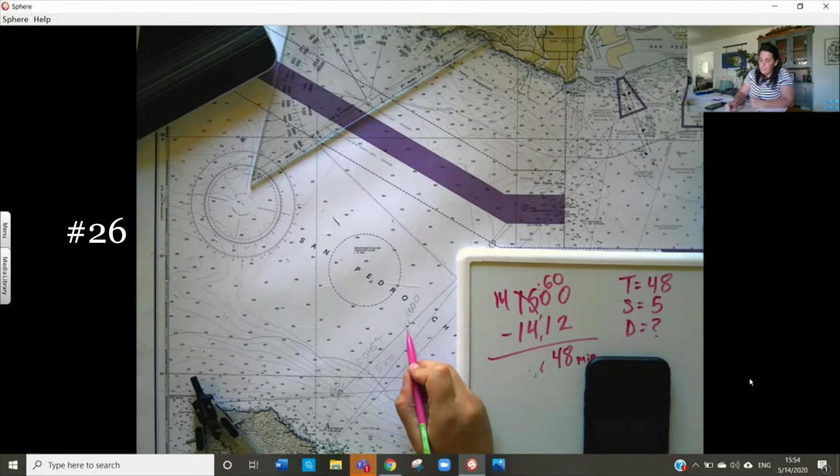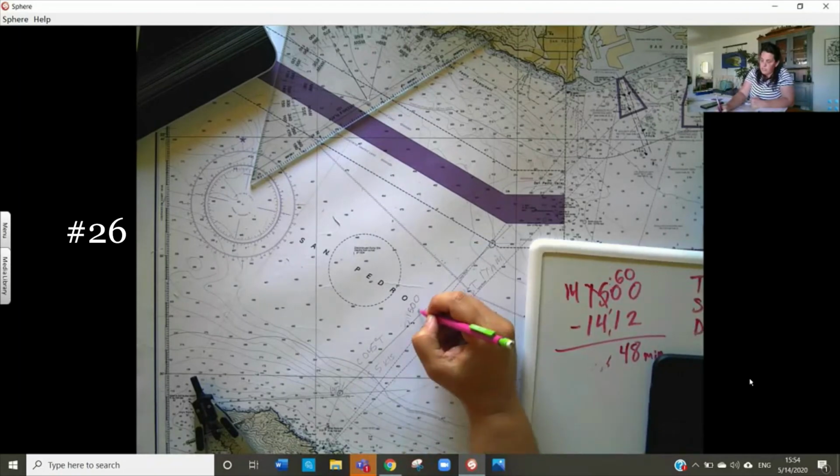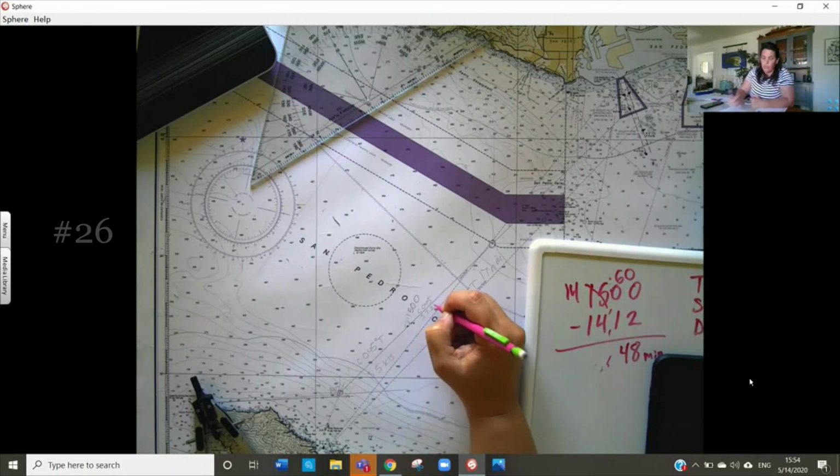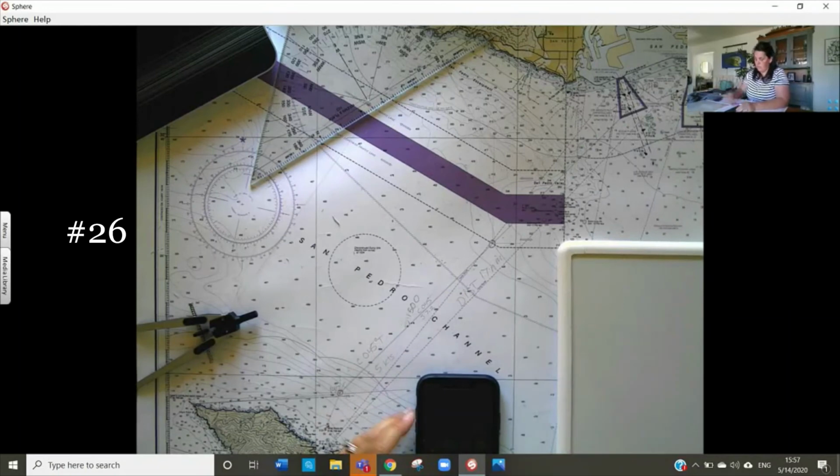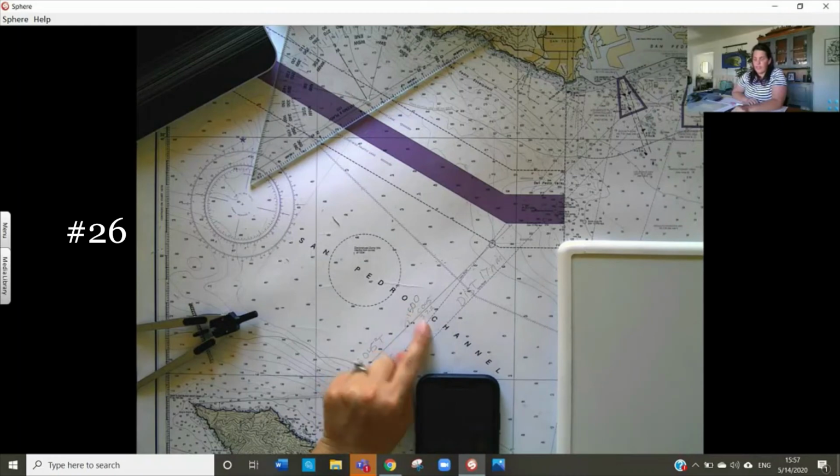And that's where we increase speed. So our course is still 045, but now our speed changes to 7.2. Okay, so we have our new 1500 DR position, and we have our course of 045 and our new speed of 7.2.